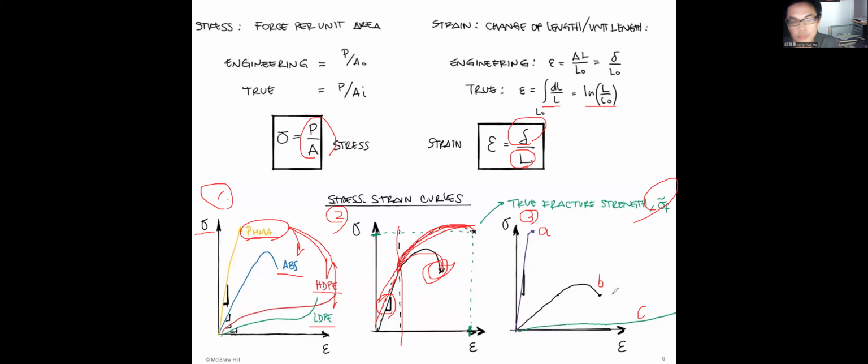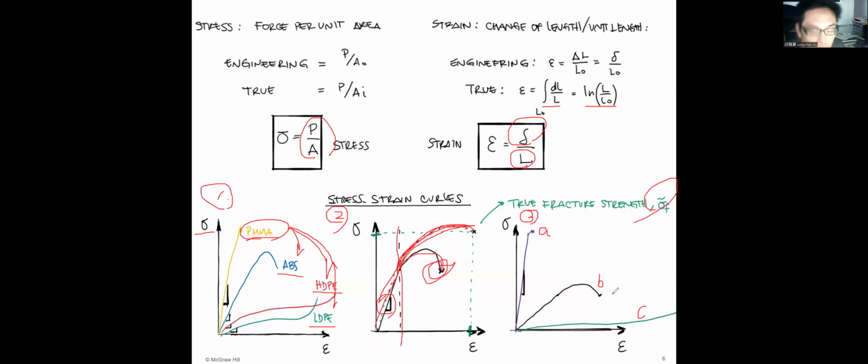I will say for curve A, the most possible material is ceramics, because it has the highest modulus. However, it fractures very quickly, within a small strain.